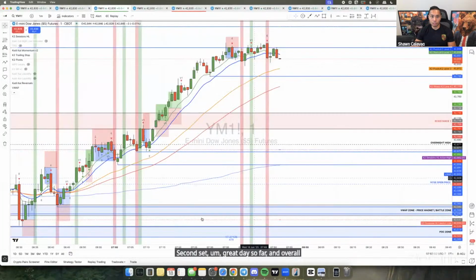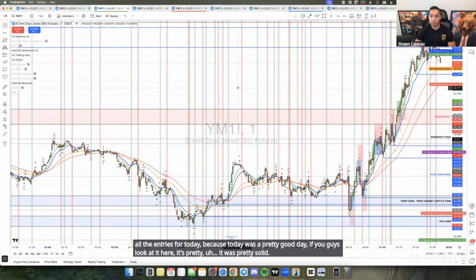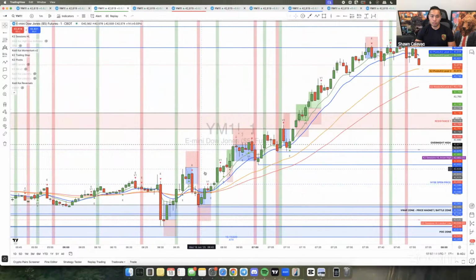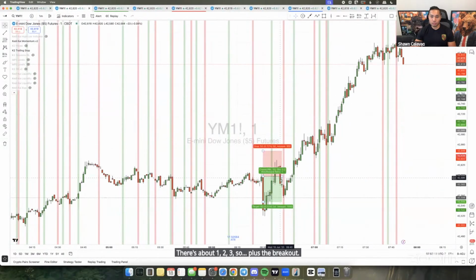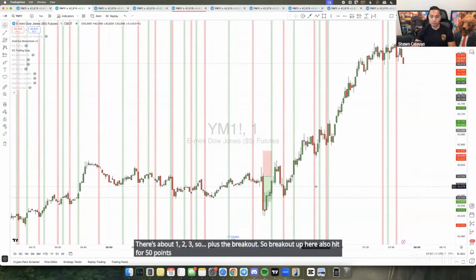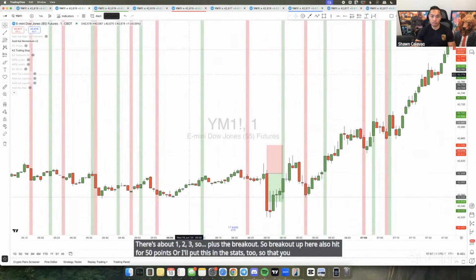So let me take a screenshot of all the entries for today, because today was a pretty good day. If you look at it here, it was pretty solid. It was about 1, 2, 3, plus the breakout. The breakout over here also hit for 50 points. I'll put this in the stats too so that you can see it.